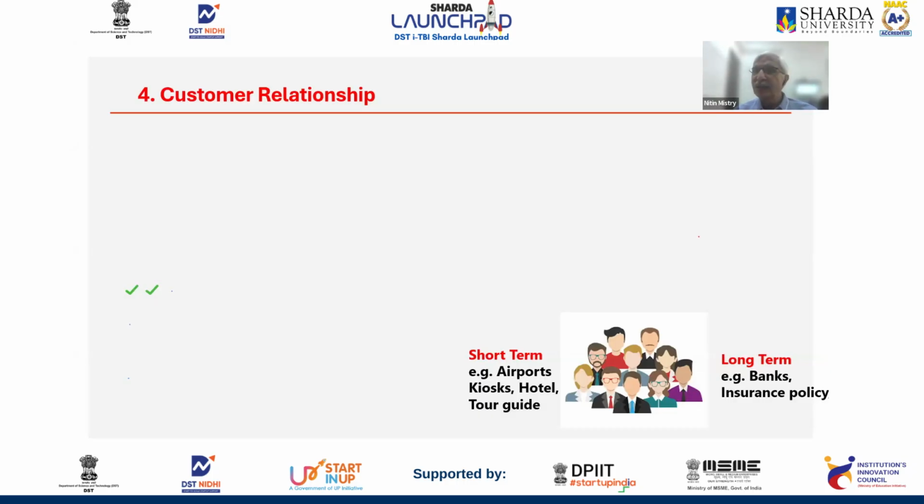Then it is over. Hotel. You stay for 3 days, 4 days, and after you leave the hotel, that relationship is over. Tour guide. If you are on some tour, you hire a guide only for that tour. Afterwards, that goes. So that is short term. What is long term? Banking relationship, insurance policy. Those are the long term businesses, right?